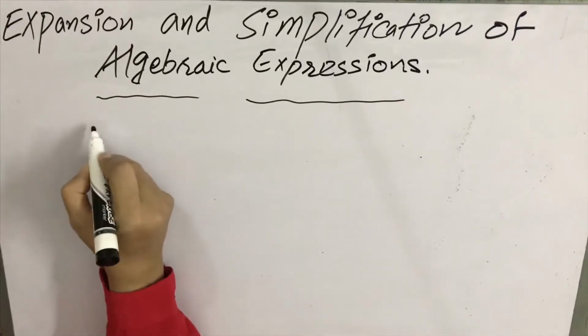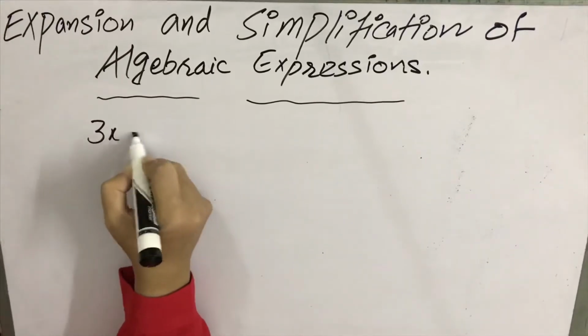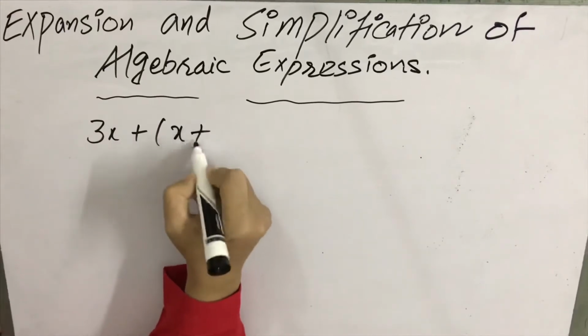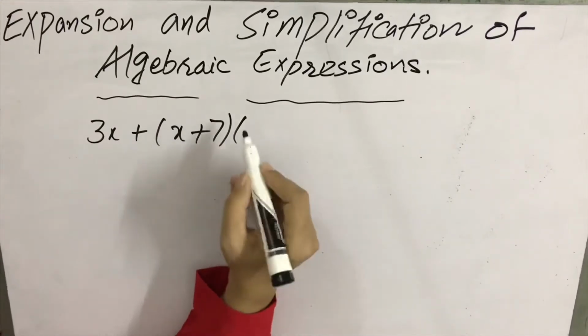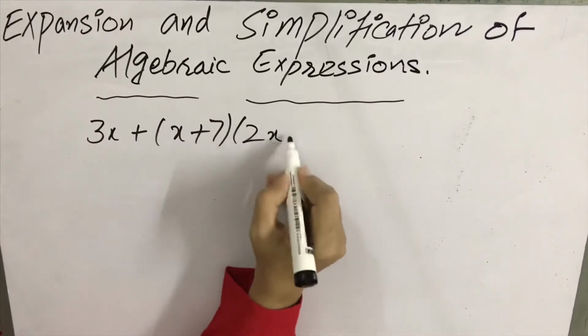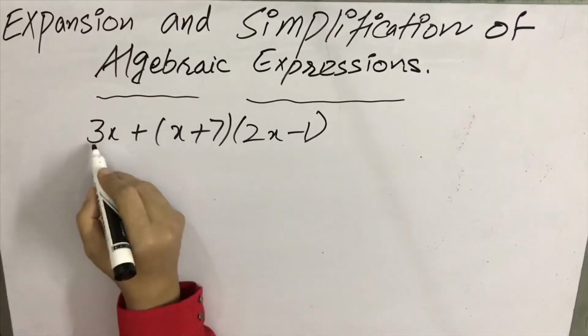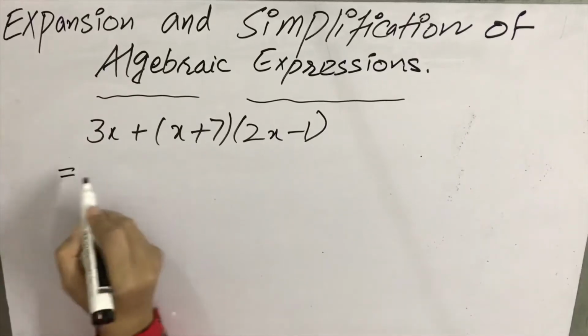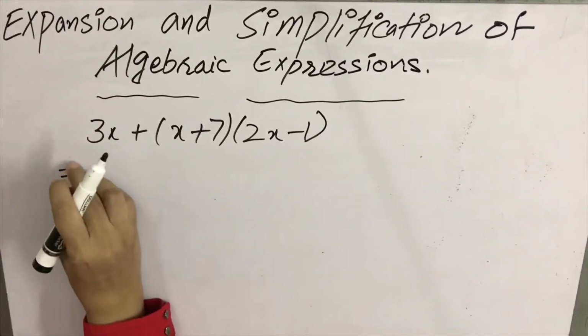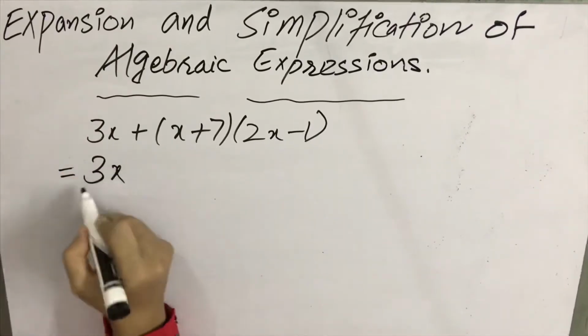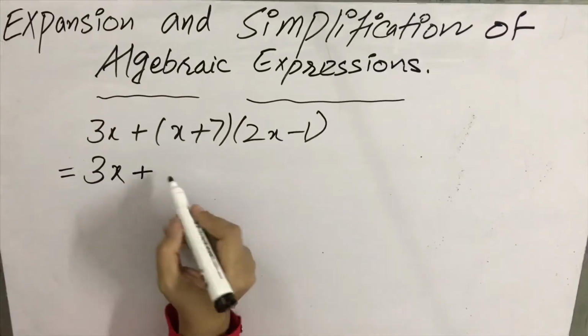The next example is 3x plus x plus 7 bracket close 2x minus 1. We shall expand this area and 3x will remain with it, the answer of the expansion, and we shall use this 3x when we shall simplify.